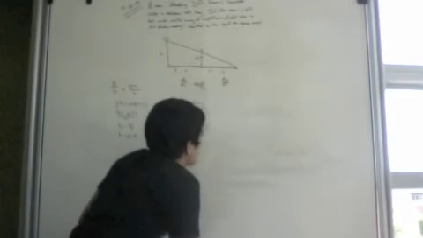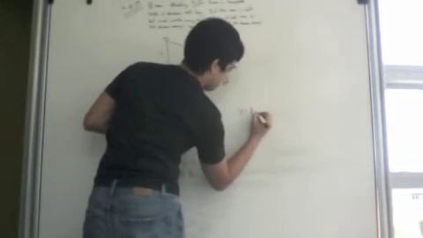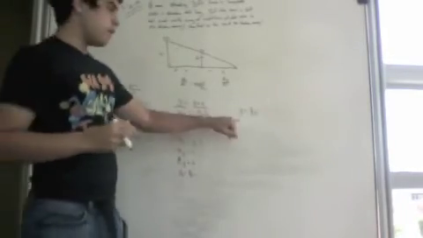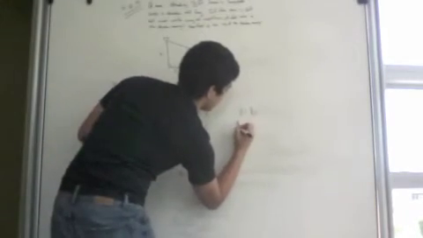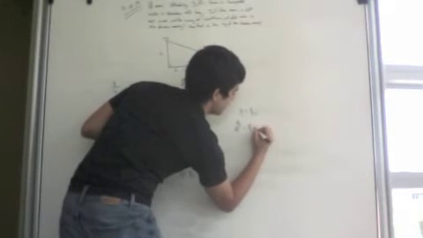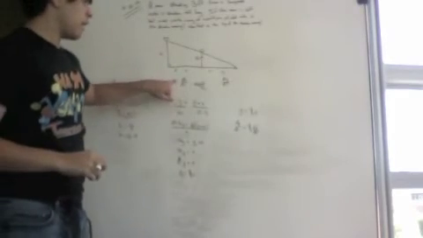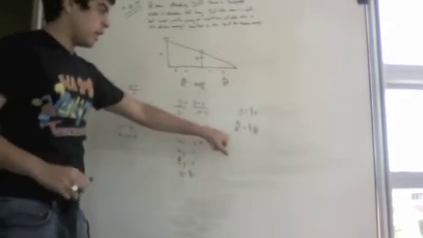So y is equal to 4/3 of x. If we differentiate this, we get that dy/dt is equal to 4/3 of dx/dt. We already have dx, so we can get dy.